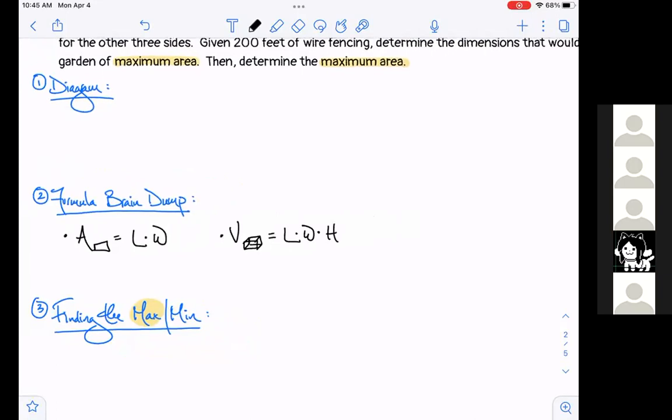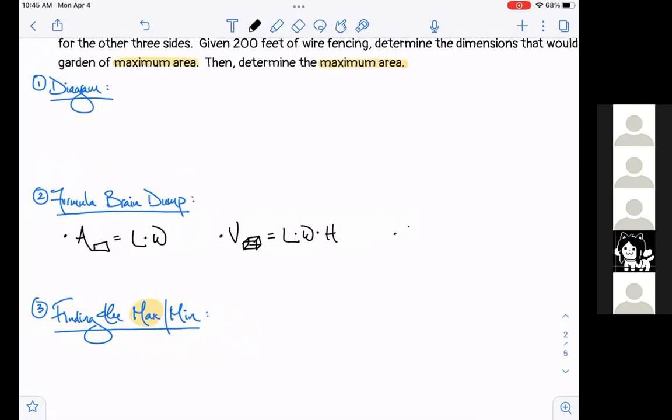Okay, and perimeter. Okay, so perimeter of a rectangle, and what would that equation be? Great. So 2 length plus 2w.